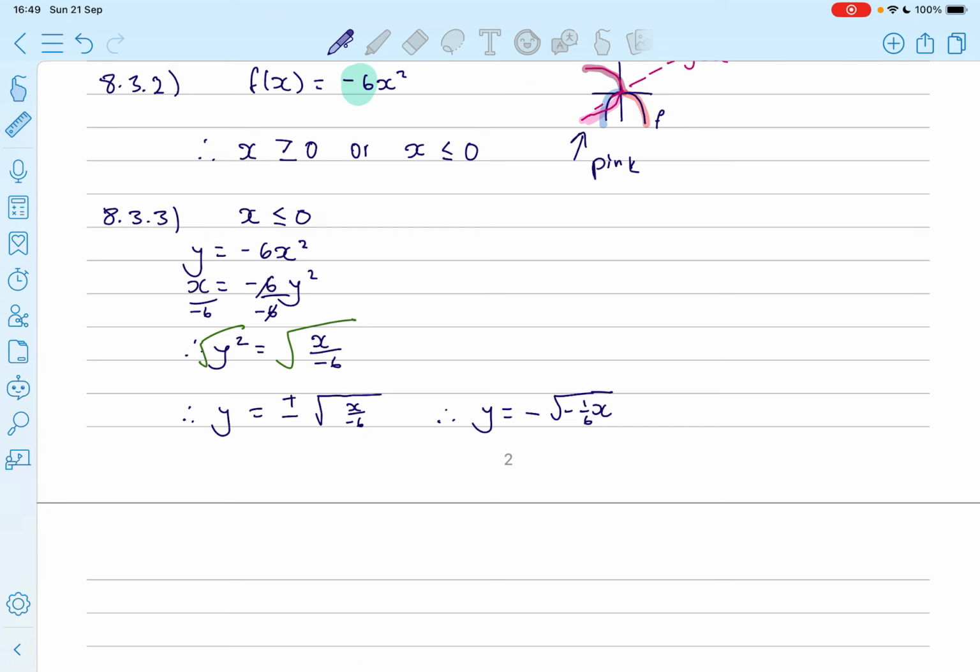Okay, and we have to restrict the domain of the original function. We already wrote it at the top, but we can write it here again. And we said that is for when x is equal to or less than 0. And that is our final answer for 8.3.3.